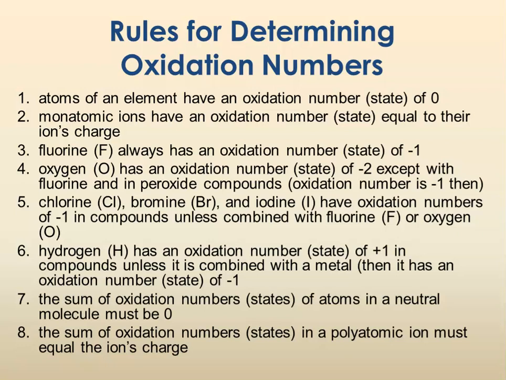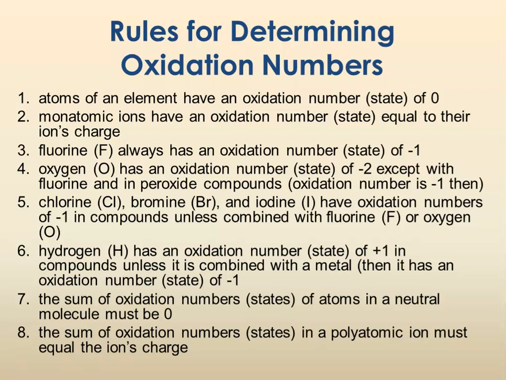If it's a molecule like F2 or P4, they too would have oxidation numbers of 0. Monatomic ions, ones from the periodic table, will have an oxidation number that is equivalent to their ion's charge. And if we start getting into the molecular substances, electronegativity is going to be a key determining factor as to what oxidation number the elements that make up compounds will have.